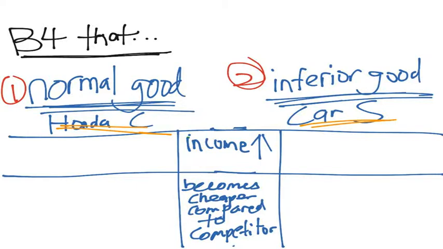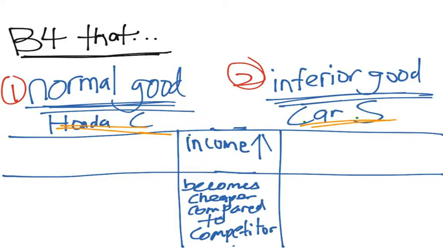Now if you are poor, but you can still afford both Honda City and Saga, which car would you buy? Same thing, 90% of you will say Proton Saga. This is the thing that we need to understand when it comes to the income effect.